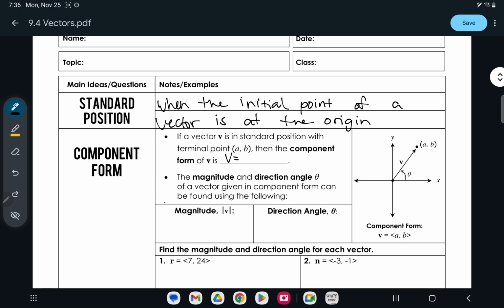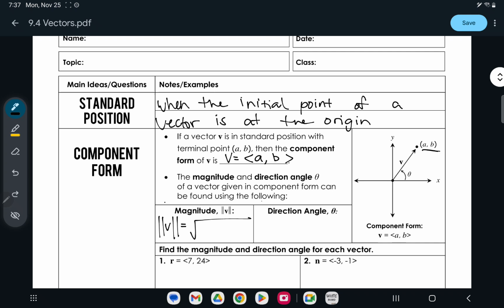is V equals, and we use these inequality symbols. The magnitude and direction angle theta of a given vector in component form can be found using this. The magnitude of V is going to be the distance formula.